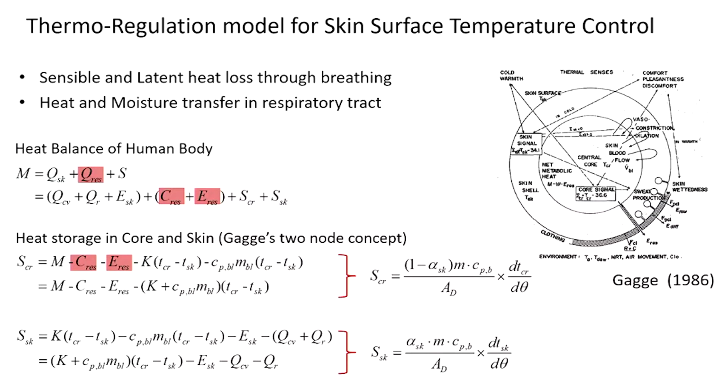Furthermore, not only inside the respiratory tract, but also in the case of the human model, we must precisely analyze the skin surface temperature. And this is one of the fundamental models to analyze the skin surface temperature distributions. Here, this is called the two-node model, a very simple model proposed by Gagge, 1986.